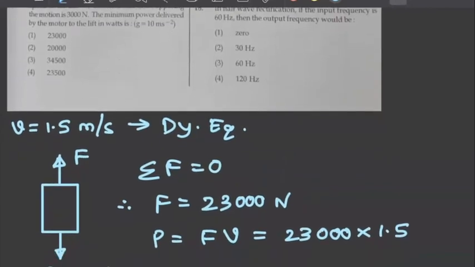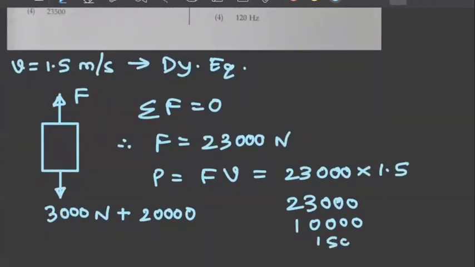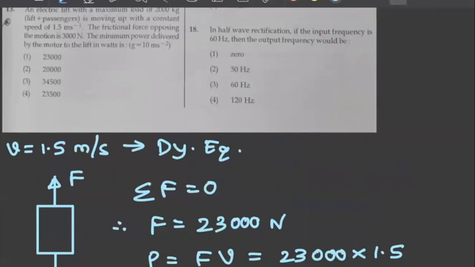Half of 23 would be 11.5, so it's 23,000 plus 10,000 plus half of 3,000, which is 1,500. So that should be the answer, 34,500. Yes, that's this one.